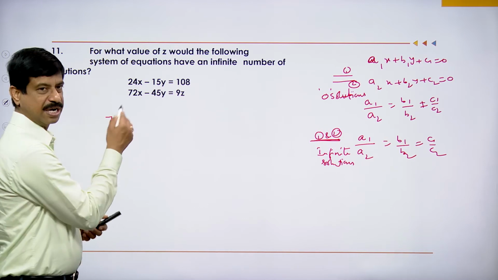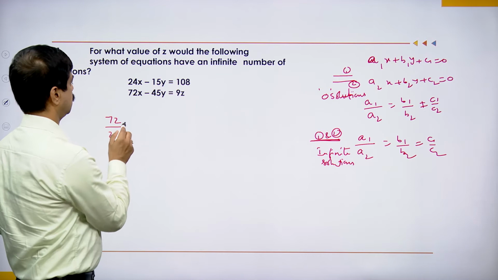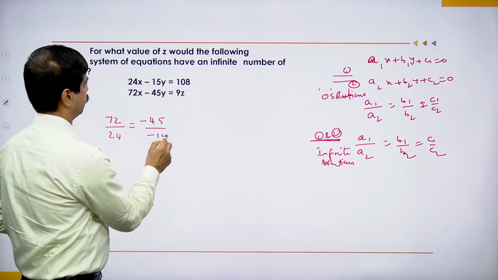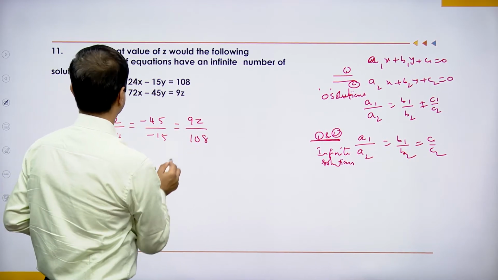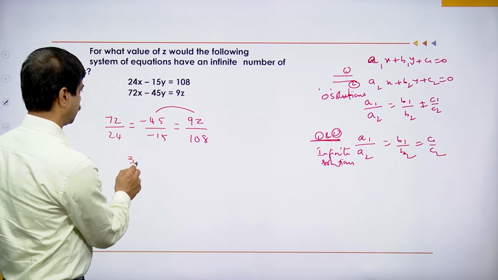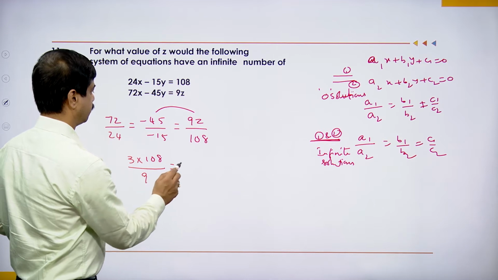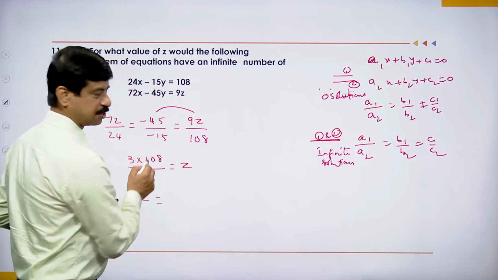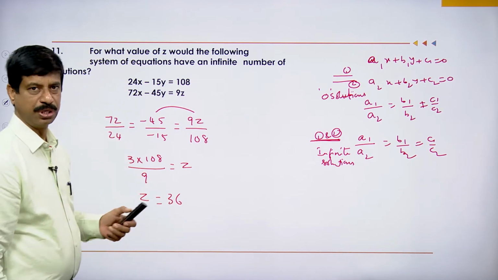I take the bigger number as A1 by A2, 24, equal to B1 by B2 equal to C1 by C2. So equate these two. So 3 into 108 by 9 equal to Z. So what is Z now? Divide this by 3. 3 3 is 9, 3 6 18. So Z equal to 36.